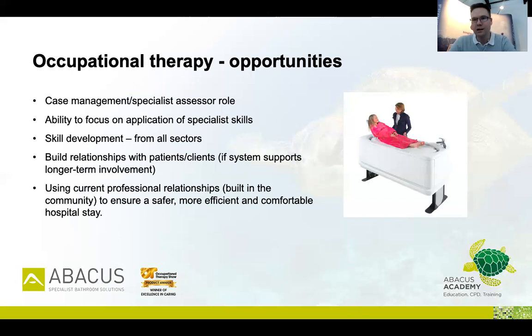I would now, but wouldn't it be fantastic if therapists had such rounded skills that not only were they able to follow the person home as part of that 6-week transition, but remain that family's or that client's specialist assessor for the period of the meeting of their care need.